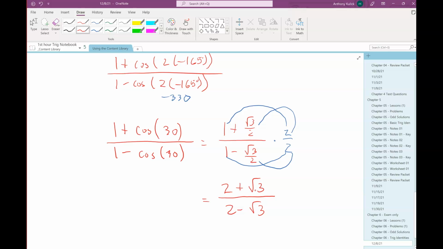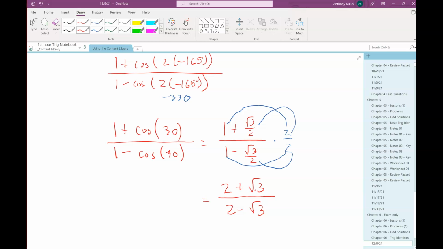Is this our best answer? What's wrong with it? Do we like radicals in the denominator? Oh, Mr. Kulik, really? Now, getting rid of the radical in the denominator in this particular problem is going to be a little bit tricky because the radical is being added or subtracted to something.